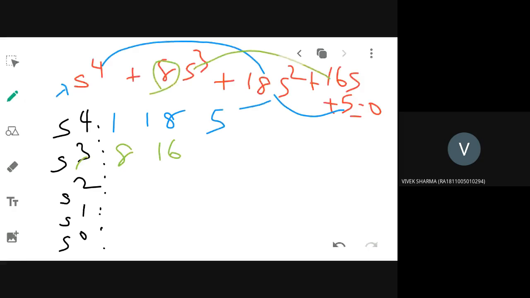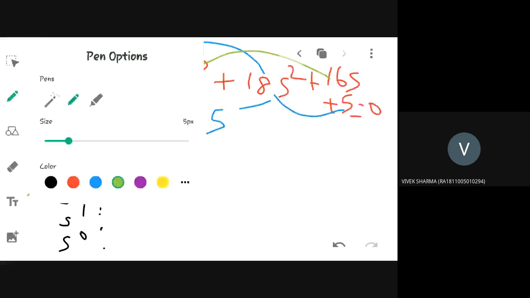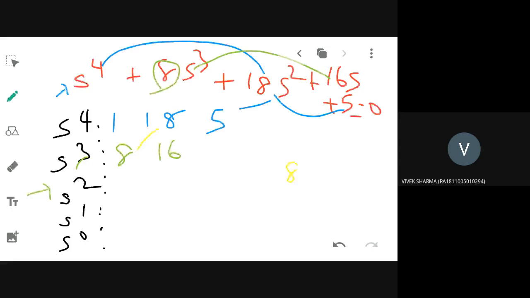Now how will you form the s squared row? By the usual procedure: 8 into 18 minus 16 into 1, divided by 8.